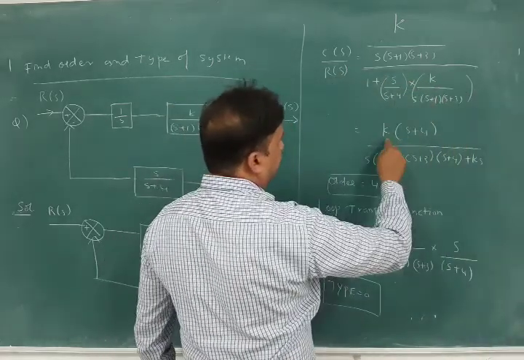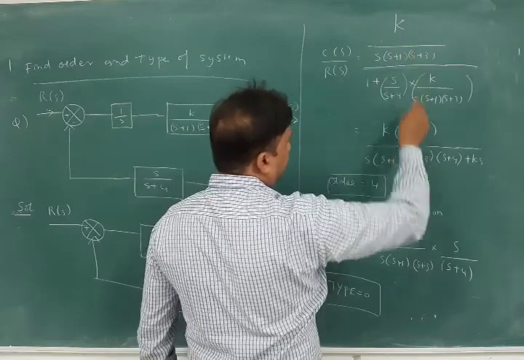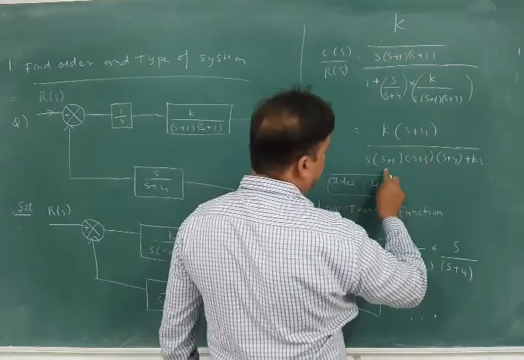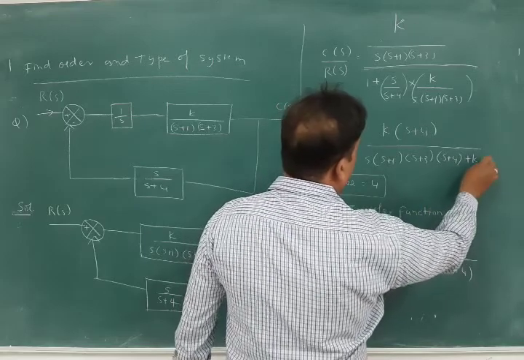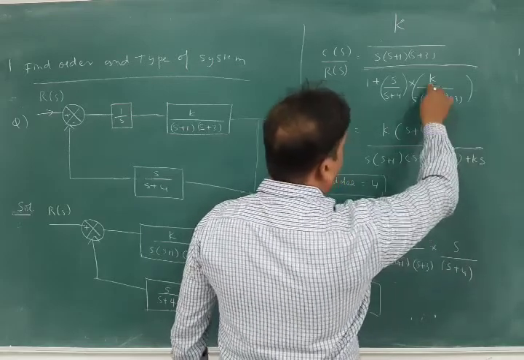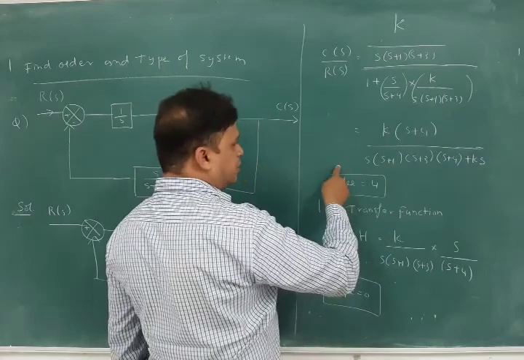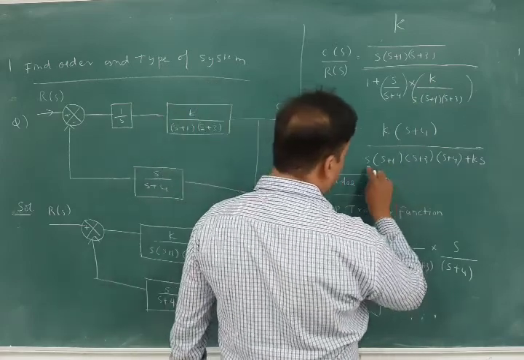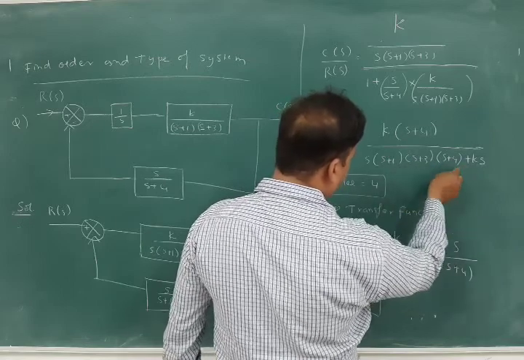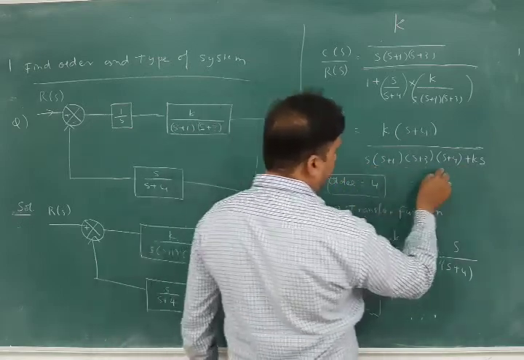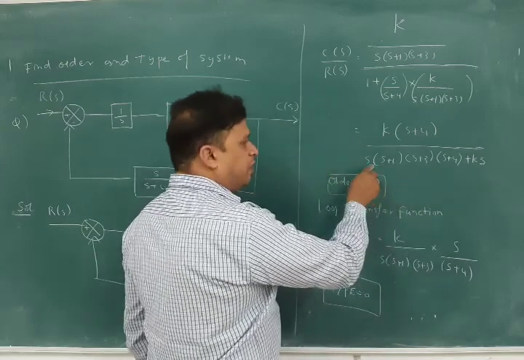After simplifying, K into (s+4) by s into (s+1) into (s+3) into (s+4) plus Ks here. If you see this denominator, s into (s+1) into (s+3) into (s+4) plus Ks, and do the polynomial multiplication, the order will become 4.